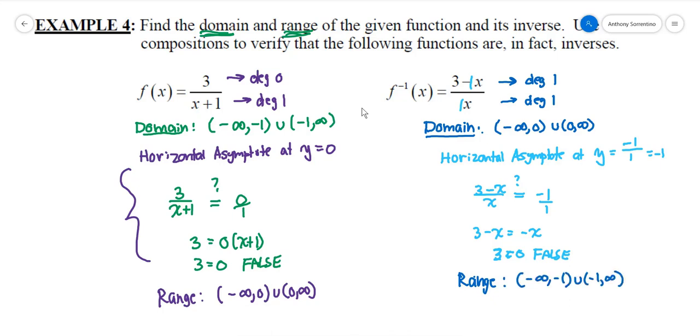At least I've established so far that the domain of f of x is the range of f negative 1 of x, and that the range of f of x is the domain of f negative 1 of x. Having the domains and ranges like this does not make them inverses. That alone. That's what I had to determine.